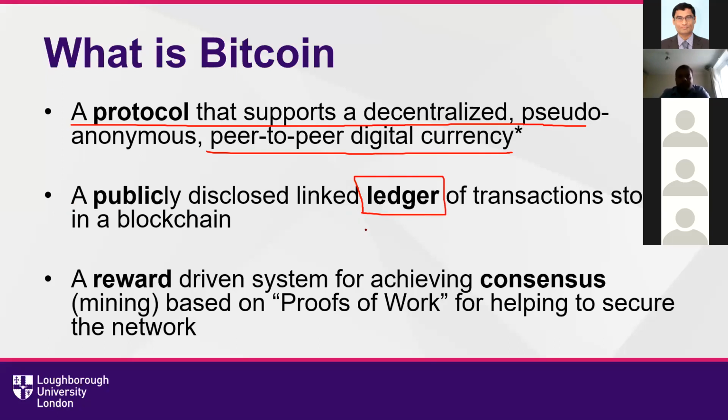Everybody can see this ID transacted with another ID, this amount of money, though you can't identify the person. Currently, if you deposit money in your account, only your bank knows how much money you have, right?